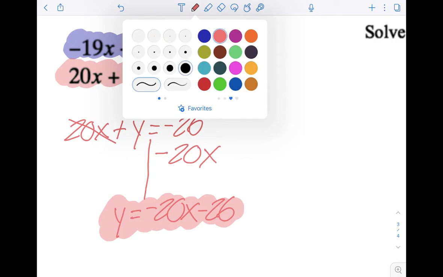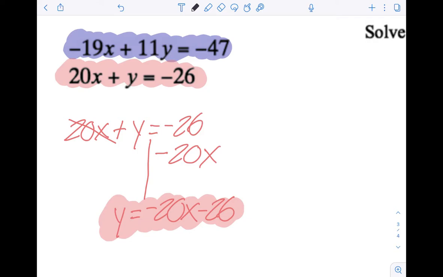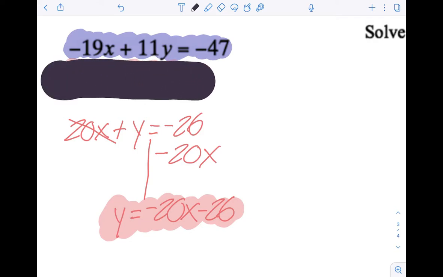No longer this one here. We actually don't even need this one anymore, so we're going to cross out this one right here. And we're going to have this purple and this pink.